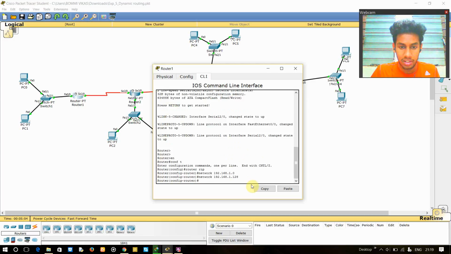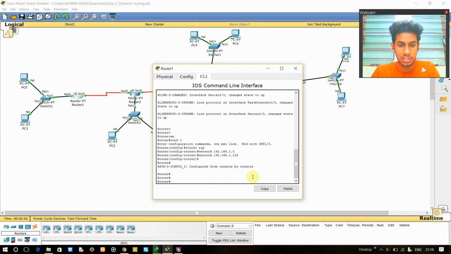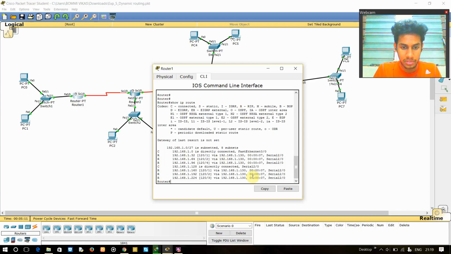And now to check the connections, we give the command show ip route. These C entries are the physical connections, and R stands for RIP, the routing information through dynamic routing that we achieved, and that's that.